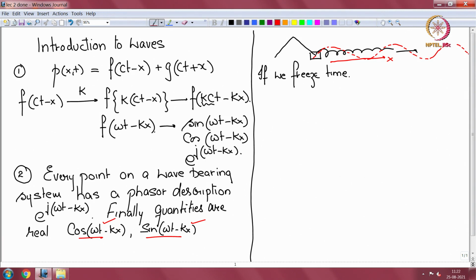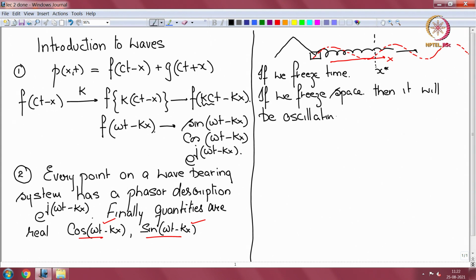Similarly, if we freeze space, that means we remain in one place on the spring, some point x star, then it will be oscillating also at the same omega.